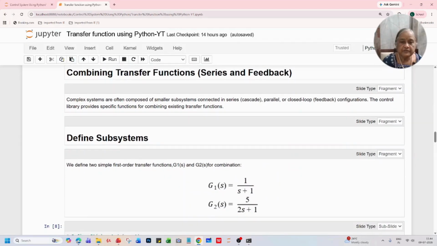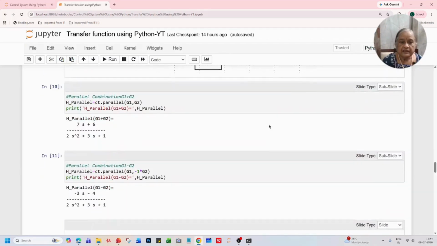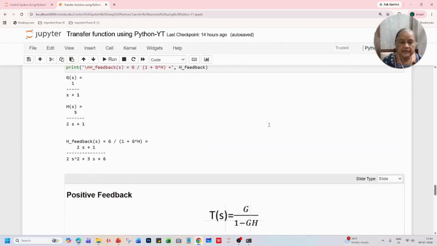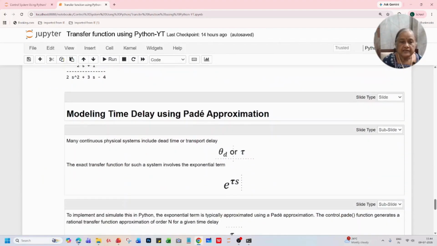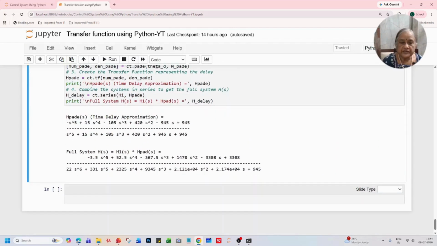Then we saw some simple connections of subsystems in series, parallel and feedback, and further how we can approximate the time delay by Pade approximation and continue with the analysis of the control system.